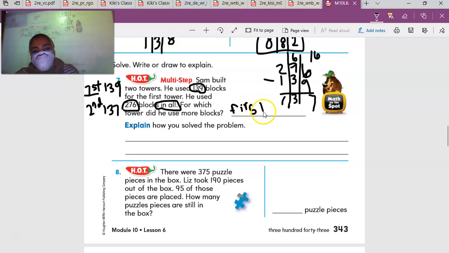How did you solve the problem? Well, I subtracted how many blocks he used in all by how many blocks he used on the first tower.